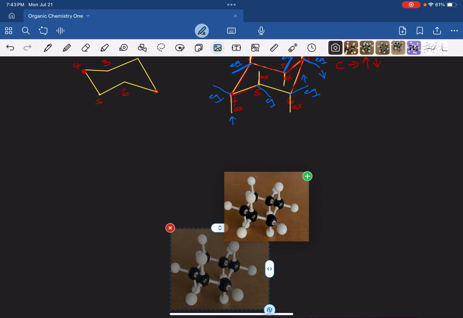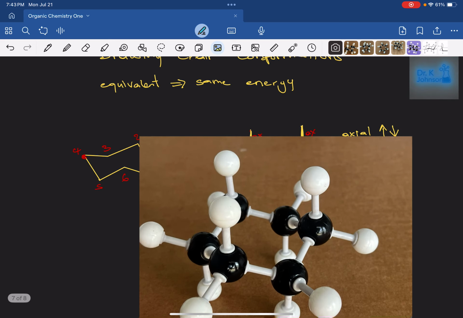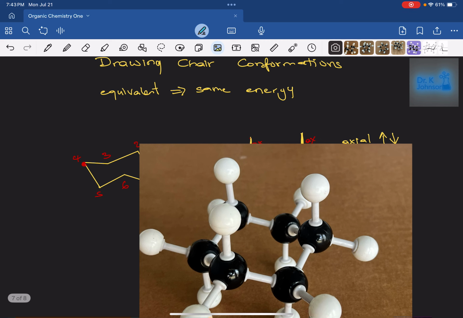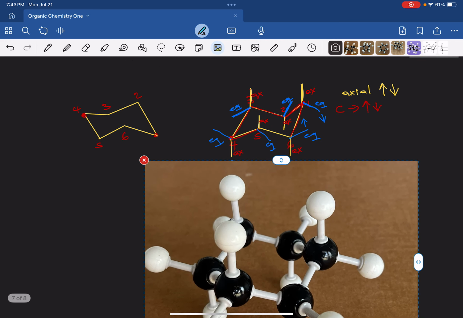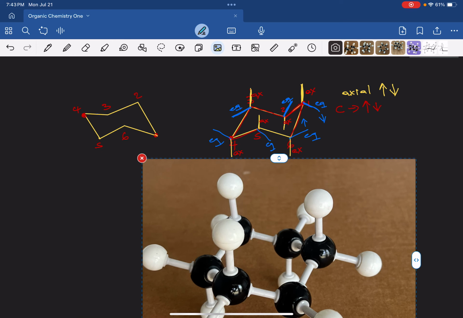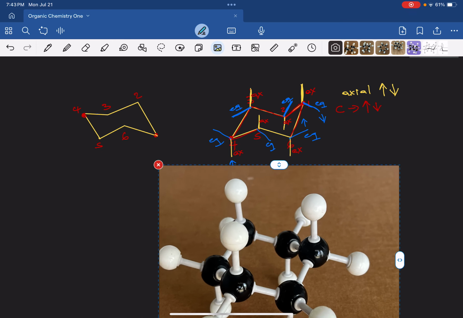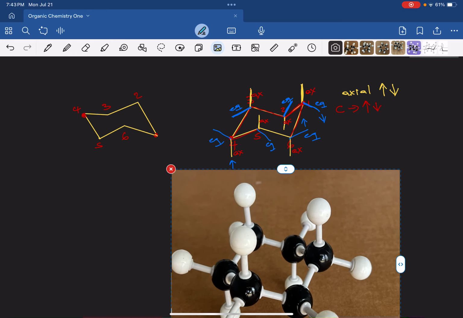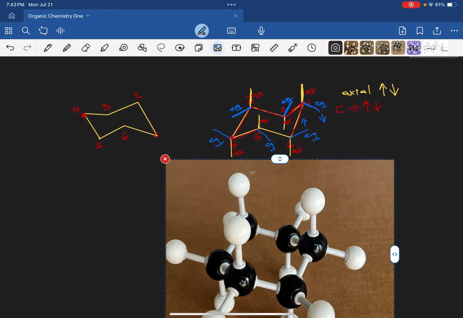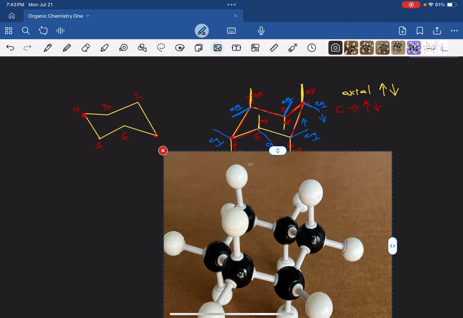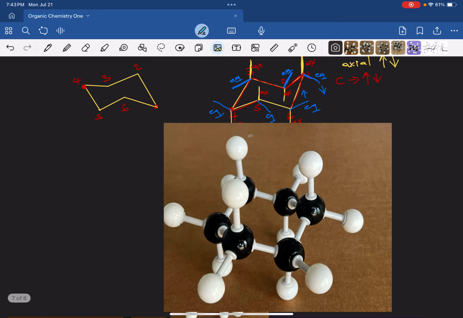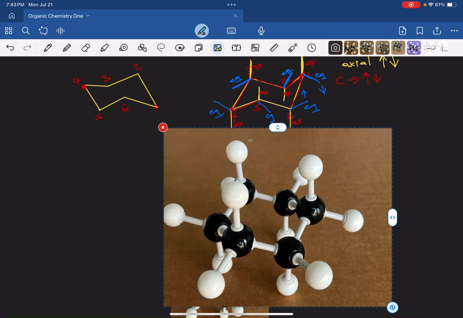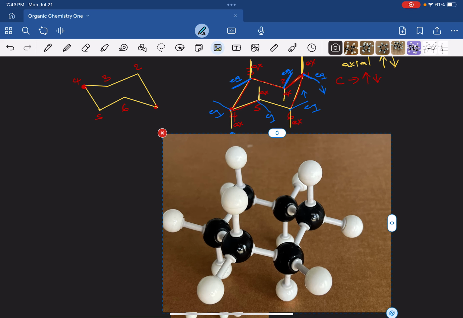So let's make this bigger. All right, let's tackle this now. So let's see if we can identify the carbons here, right? So I'm going to match up the carbons and hydrogens from my 2D structure up here with the ball and stick.